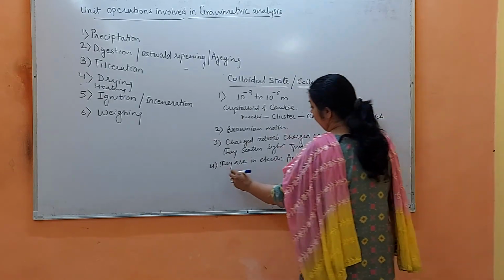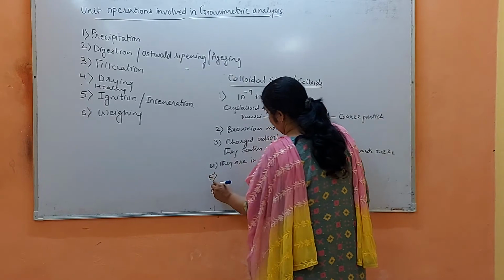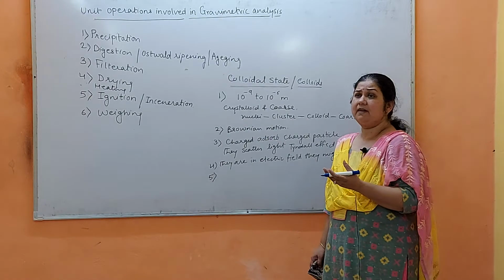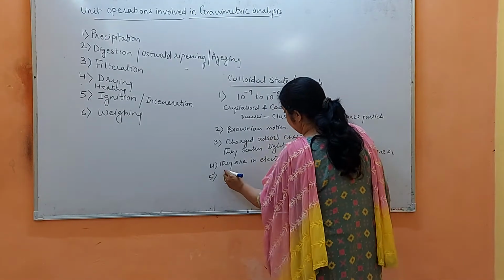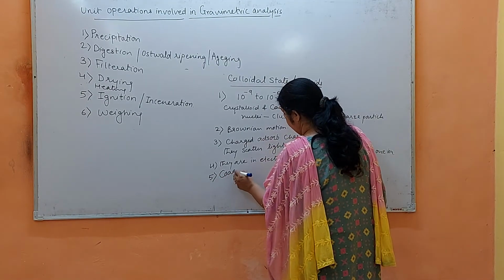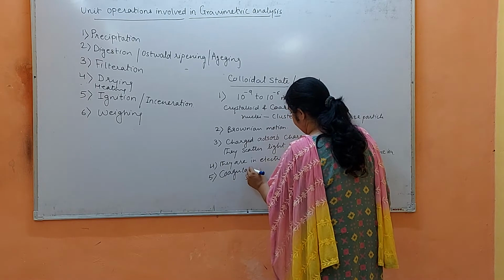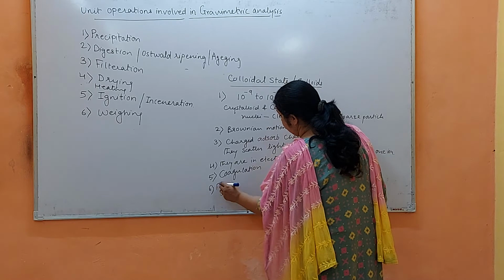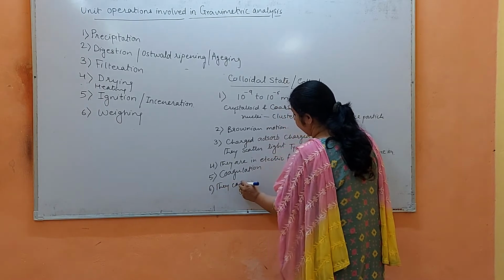If the size becomes large, they get coagulated, and they can be neutralized by adding an electrolyte.